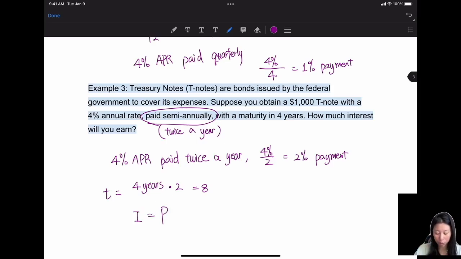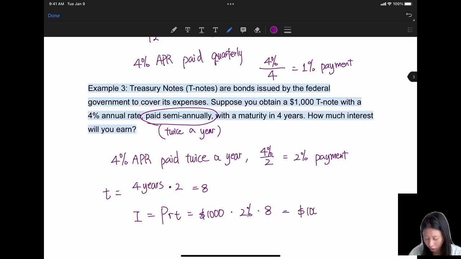So the interest is the principal times the interest rate times the time. The principal is 1,000, times the rate, 2%, times 8 payments. Again, you need to write the percentage in decimal form, times 8.